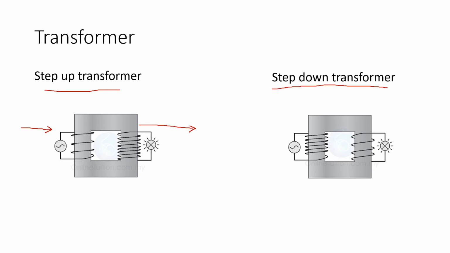And for step down, it receives a higher voltage and the result will be lower. As seen in this picture, by looking at the number of turns of coil, we can determine whether this is a step up transformer or a step down transformer. We will learn about it in more detail.